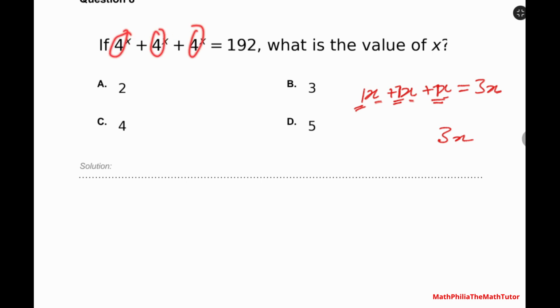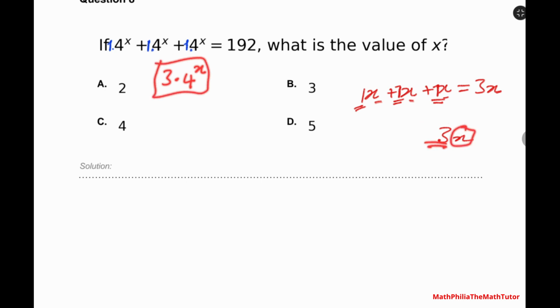This, and this, they are the same. So if we assume that we have a coefficient of 1 in front of each, multiplied by these terms, then 1 plus 1 plus 1 is 3, okay? So we can go ahead and say this is the same as 3 multiplied by 4 raised to the power of x, just as here, okay?